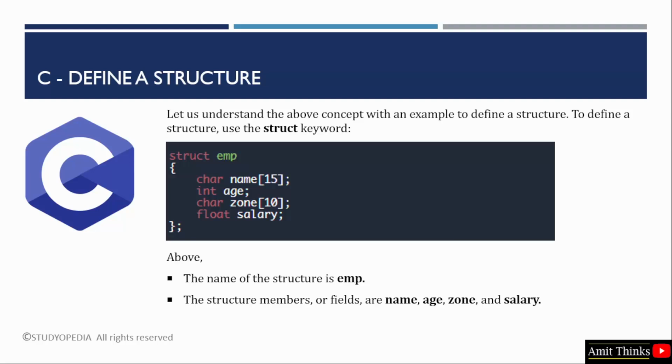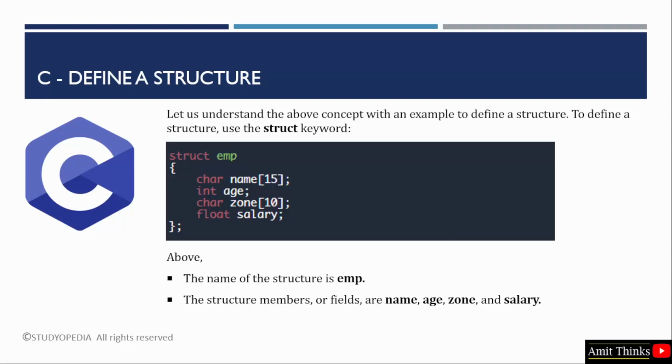Now let us see how to define a structure in C language. The struct keyword is used in C to define a structure. We just saw an example to store different types. The same example is here, but it will get stored in a structure. You need to name the structure, like we have named it EMP here.